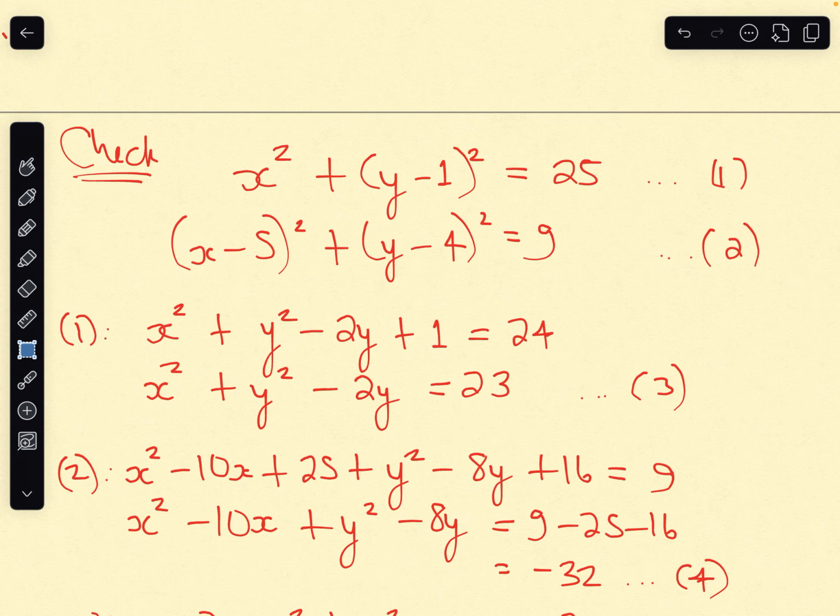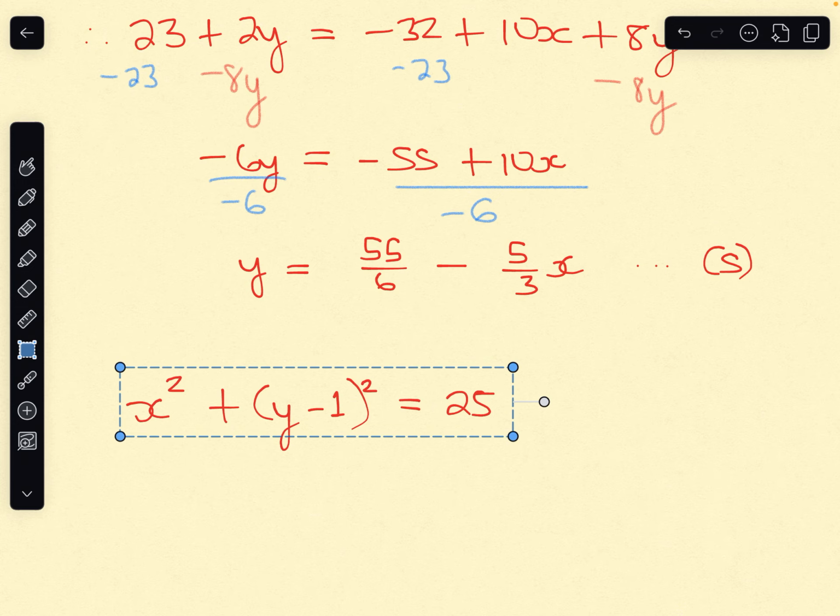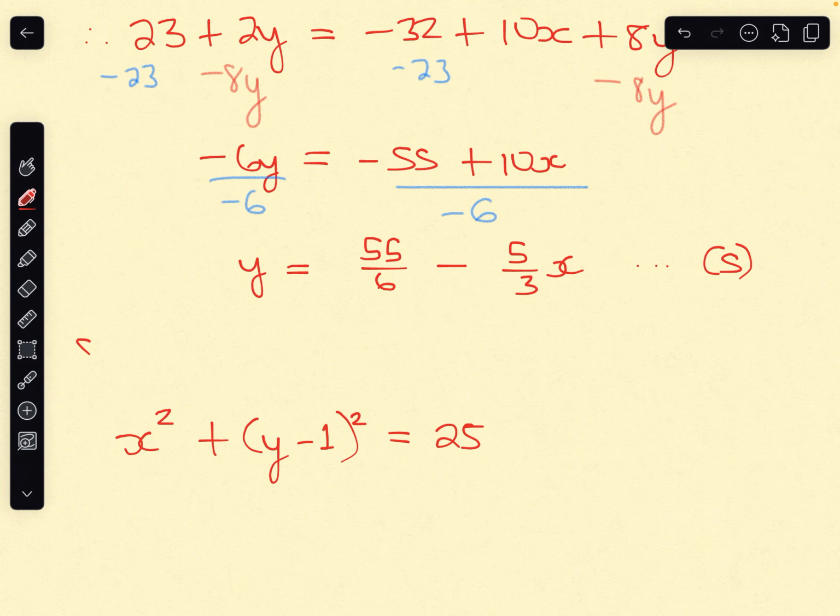Let us go ahead and do that. So sub 5 into 1. So that is what equation 1 looks like.